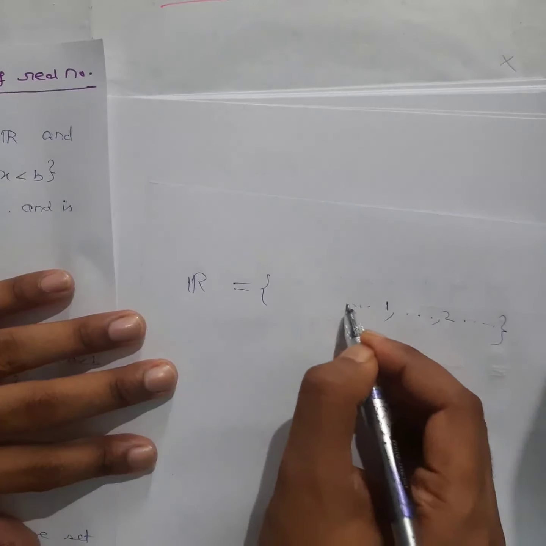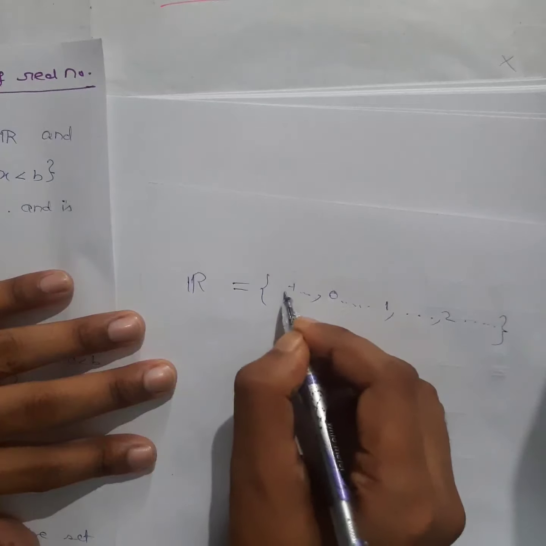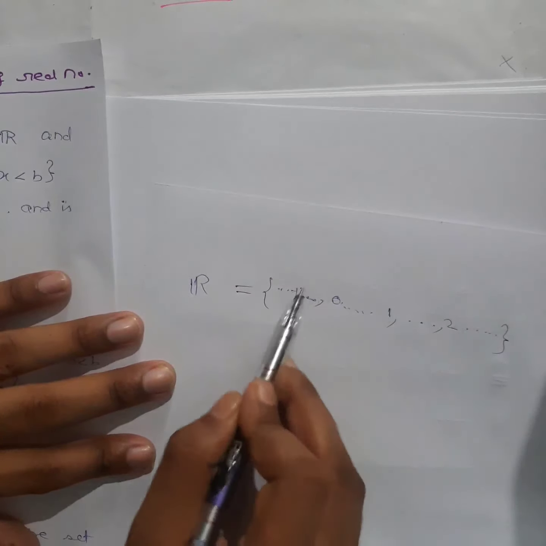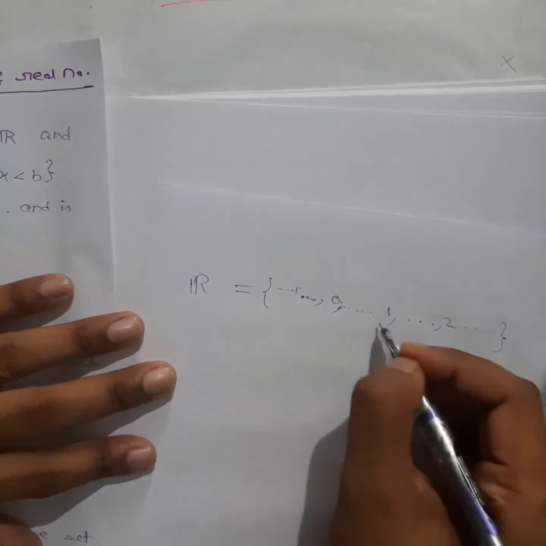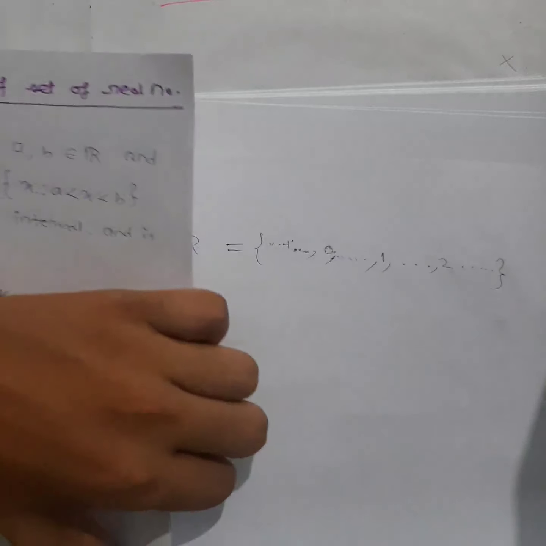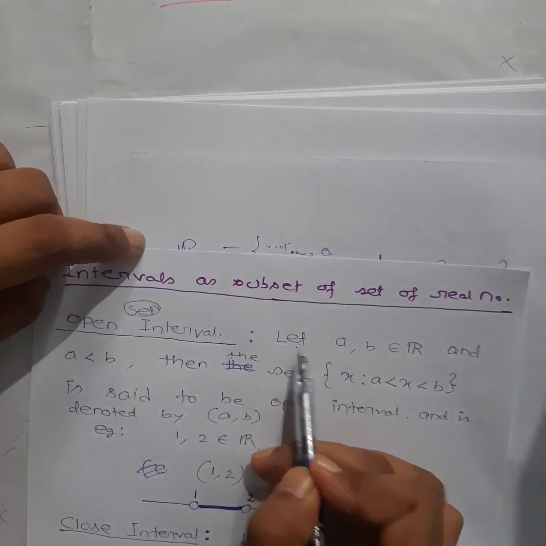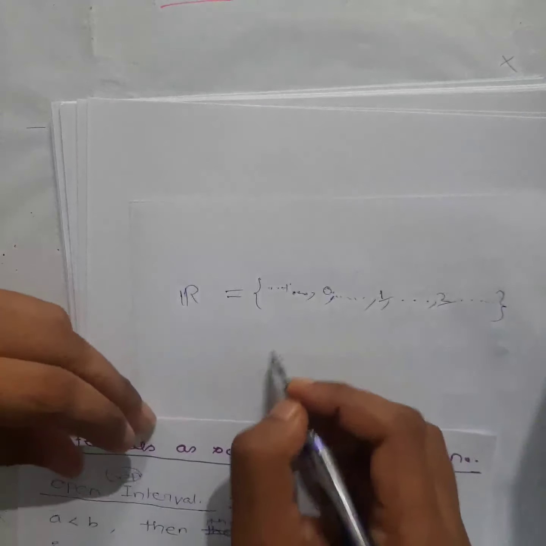Like this I will write 0, dot dot dot, minus 1. I hope you have understood why I am putting dot dot dot, because in between these only infinite numbers or elements are there. Okay, so see here, in a general way I have written this: let a, b belong to R. Suppose 1 and 2 belong to R, I am taking.